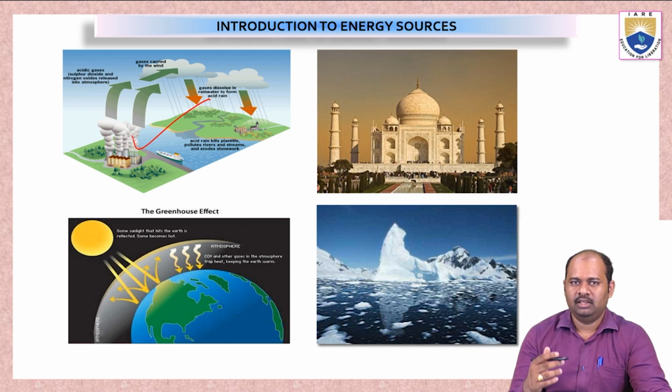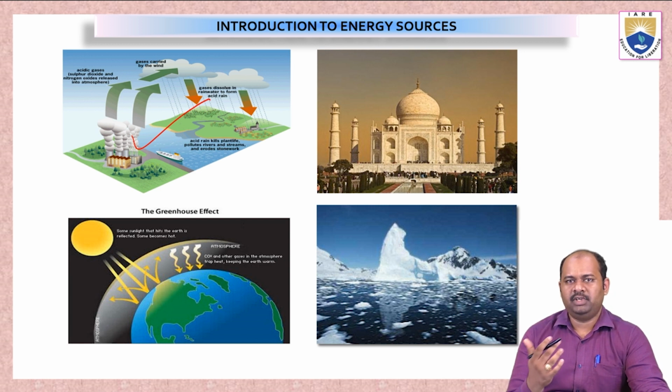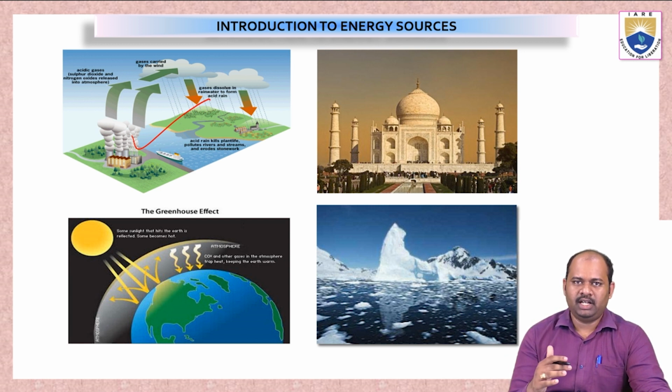When these gases get up into the atmosphere, they are trapped inside the atmosphere of the earth. When this happens, the solar radiation which is coming into the earth will be trapped inside the atmosphere, which makes the earth hotter and hotter.